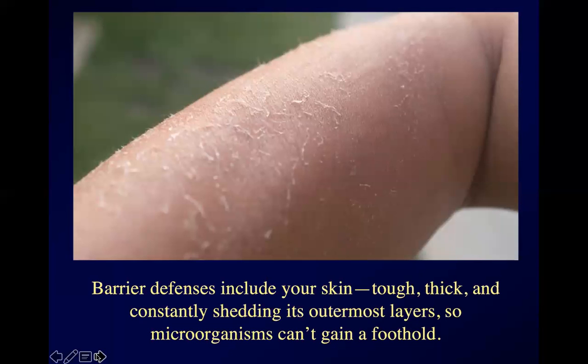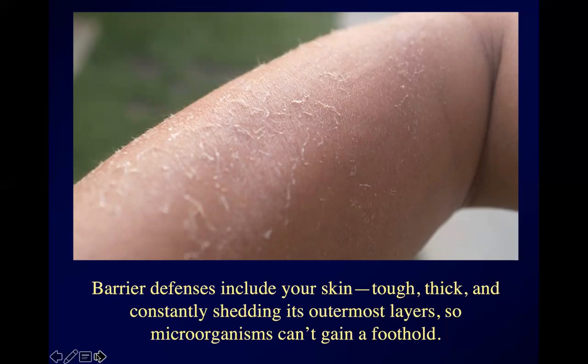So those anatomical barriers include things like your skin, flexible but tough and watertight and thick, and also constantly shedding its outermost layers. It does this a lot if you've gotten a sunburn, but your dead skin cells are flaking off all the time. You may not notice unless they build up and you end up with this kind of lizard skin effect on your elbows that you might have to scrub off in the shower.